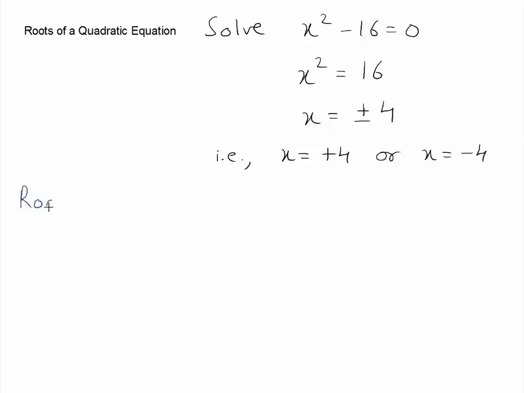So we can write the roots of x square minus 16 equals 0 are x equals plus 4, minus 4. These are the roots of this quadratic equation. What it means is these values of x would satisfy this equation.